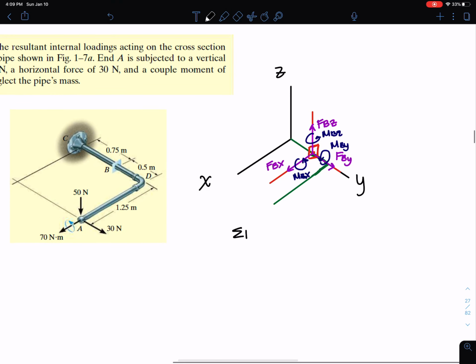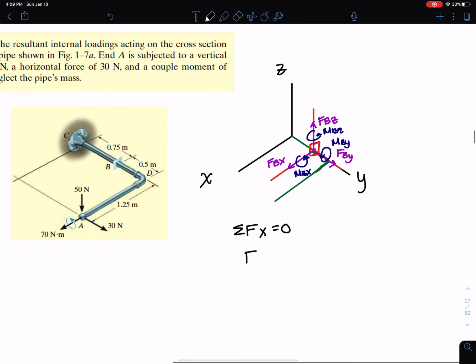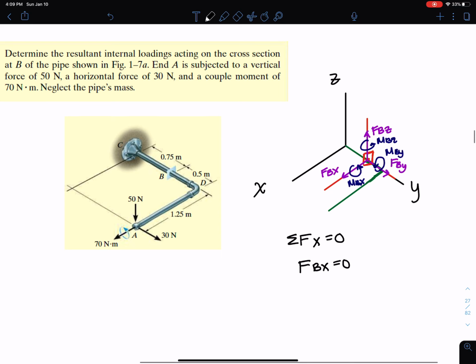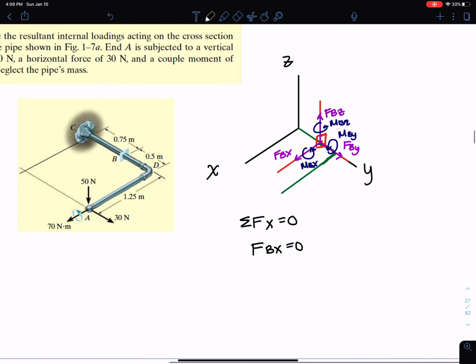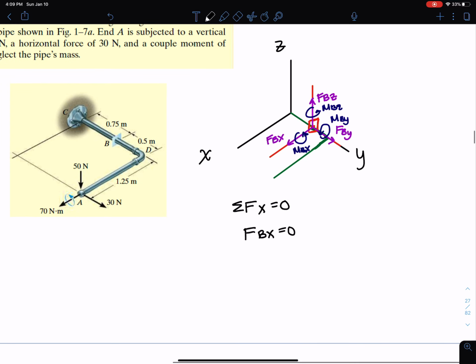If I sum my forces in the x direction and set them equal to 0, I can see directly that my FBX is 0. I have nothing acting in the x direction. Looking at the applied load, I have 50 in the z, I have 30 in the y, and then a couple moment, but no forces acting in the x direction, so my FBX has to be 0.